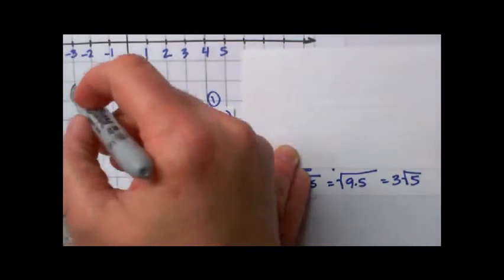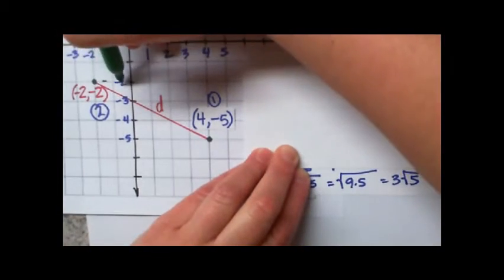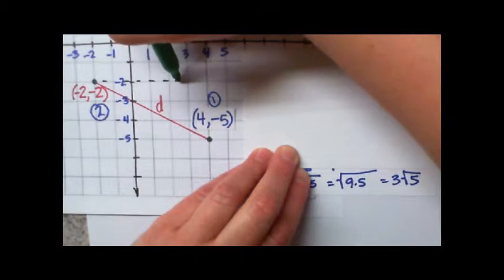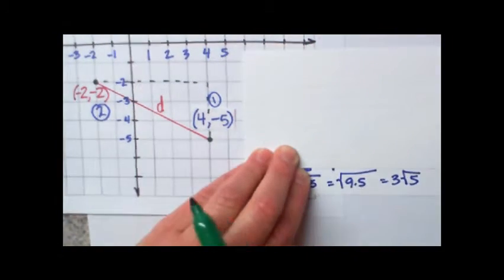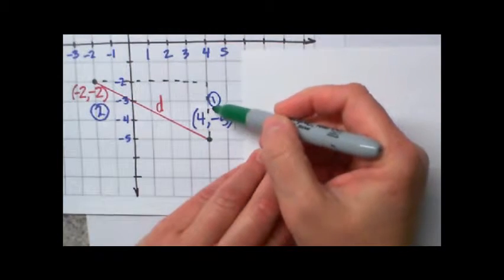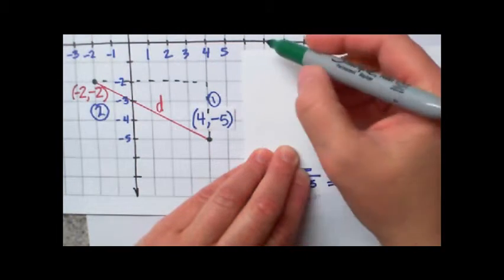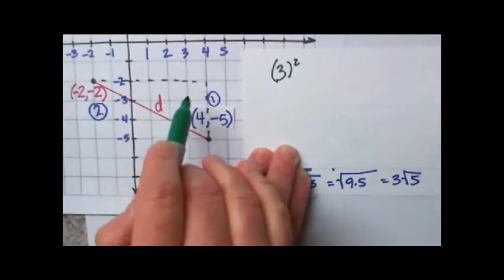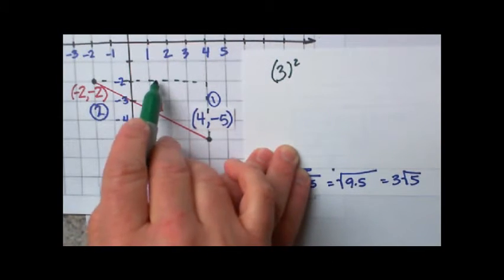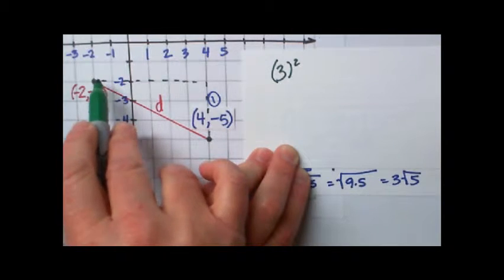In order to check this, I would dot myself a little right triangle here and count up the sides. So we'll call this leg A, and I've got 1, 2, 3 units for leg A. 3 squared. This leg would have 1, 2, 3, 4, 5, 6 units.